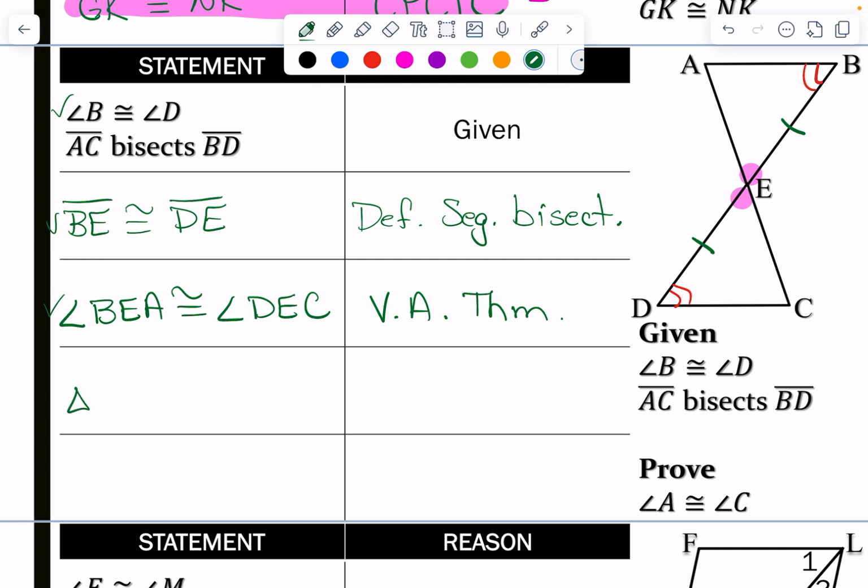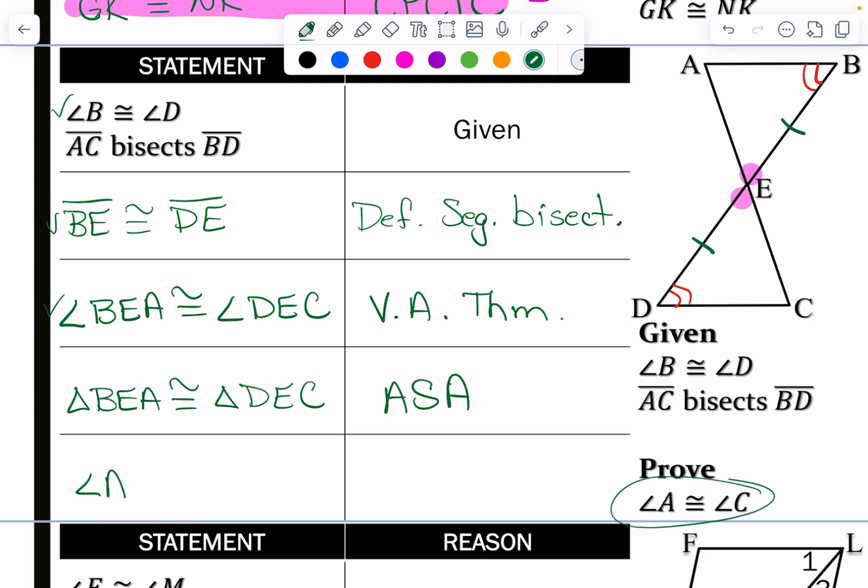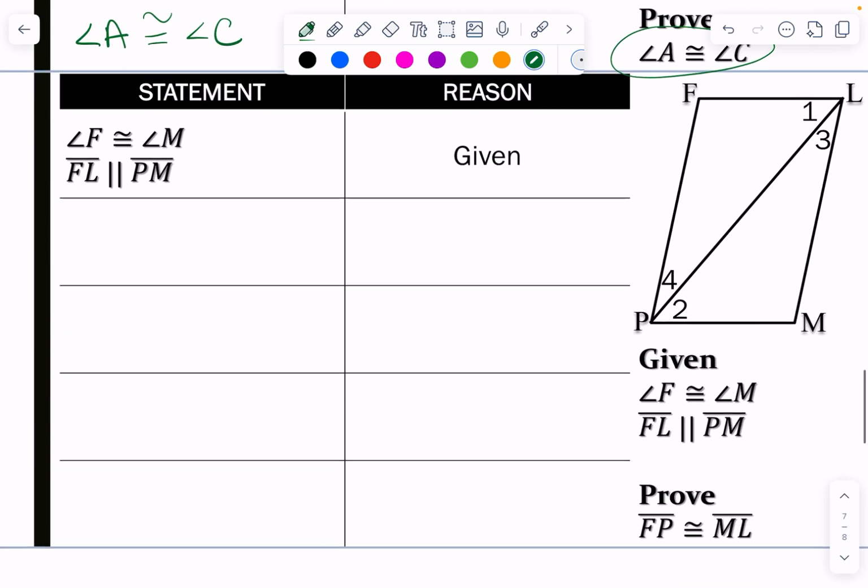So now we know triangle BEA is going to be congruent to triangle DEC by angle side angle. So then that gets me my proof statement now, which is angle A is congruent to angle C by CPCTC. Congruent parts of congruent triangles are congruent. All right, let's try this last one then.